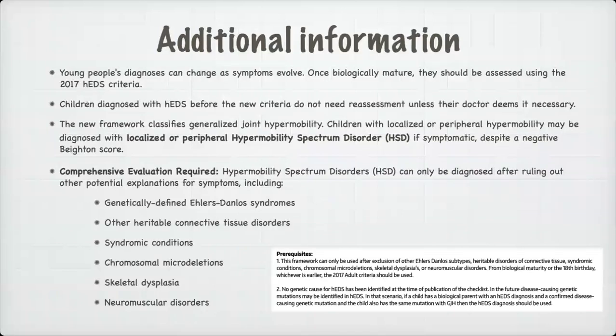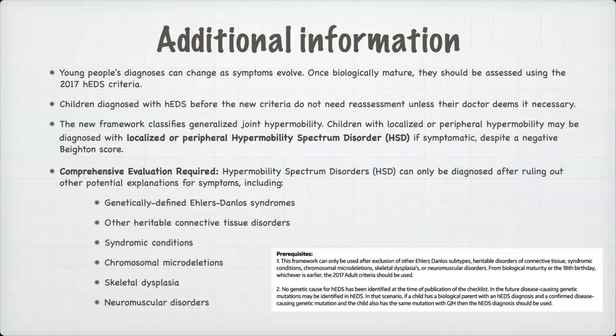And I'm sure many of you who have filled out the HEDS criteria have faced this reality as well. Many of you have a hypermobility spectrum disorder because you do not fit into the HEDS checklist. It's also important to mention that if you have this questionnaire filled out in a private setting with a physiotherapist, with an OT, or even with your GP, a comprehensive evaluation would be necessary.